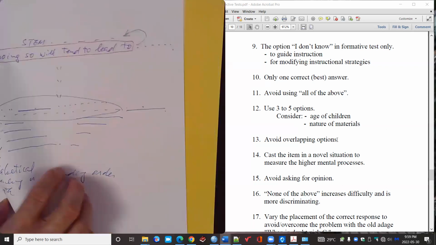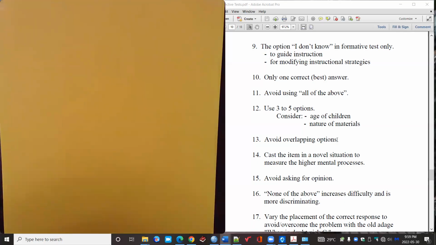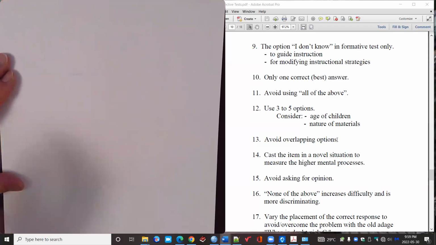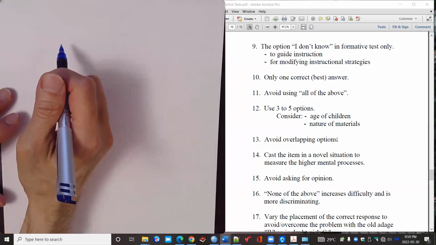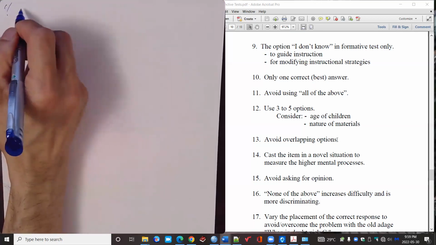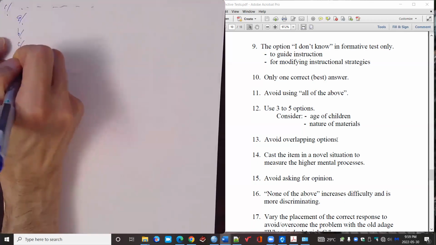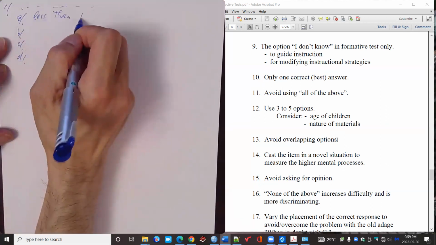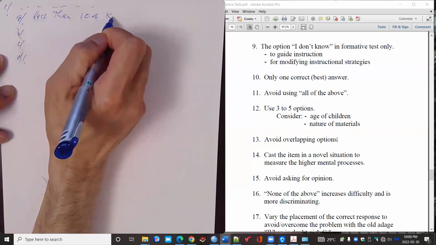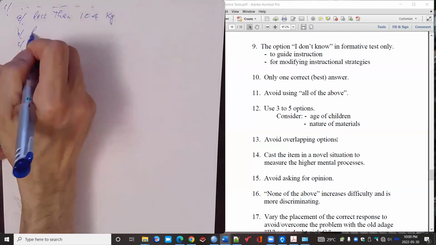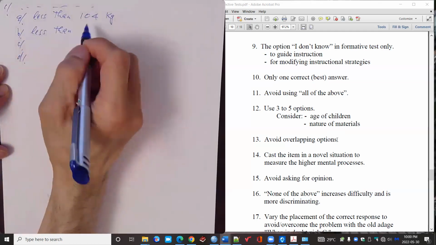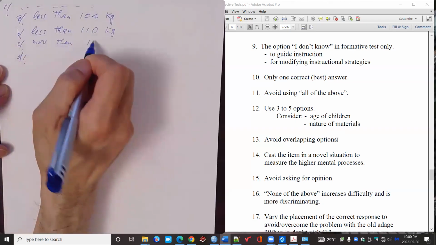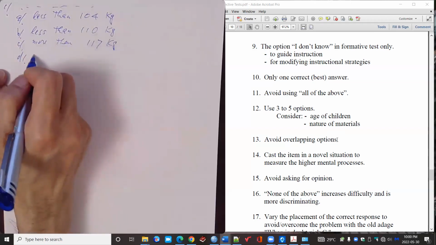Say you ask a question in item 1, and the options are: less than 104 kilograms, less than 110.